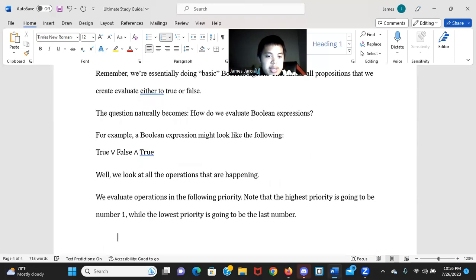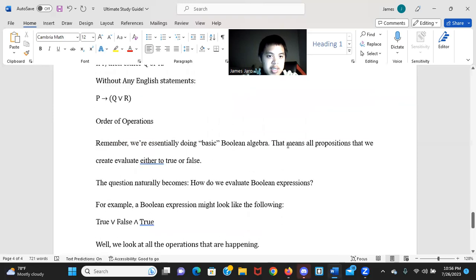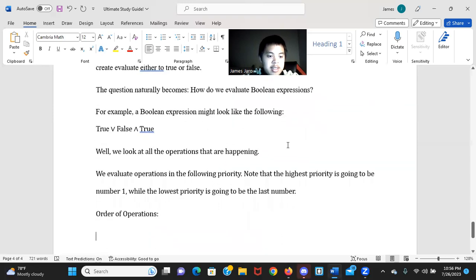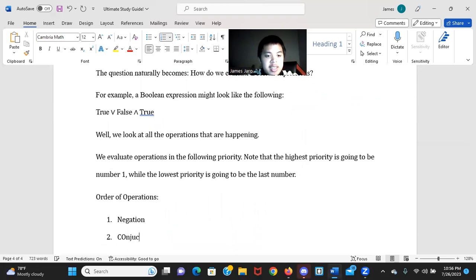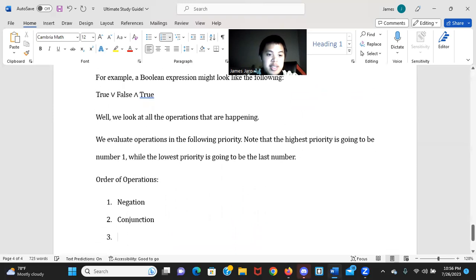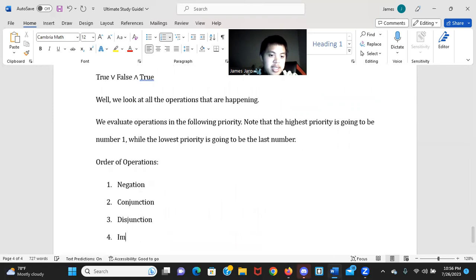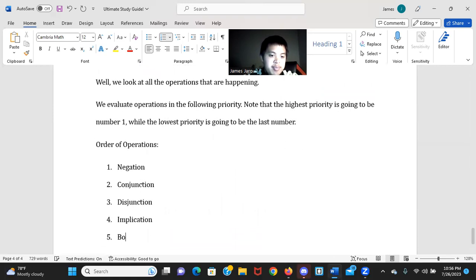So the order of operations is as follows. At the top, we're going to have the negation. Then we're going to have the conjunction, then the disjunction, then the implication, and then at the bottom, we're going to have the biconditional or the exclusive or, whichever one we have. This is known as XOR.